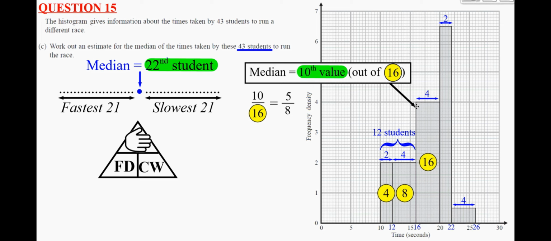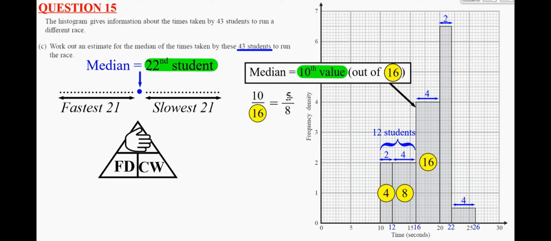For example, if this here is the 12th student and then over 16 in total, then how many little squares represents 16? Well, it's 1, 2, 3, 4, 5, 6, 7, 8. If 8 little squares along gets us to the full 16 students, then each little square we go along must be representing an extra 2 students.